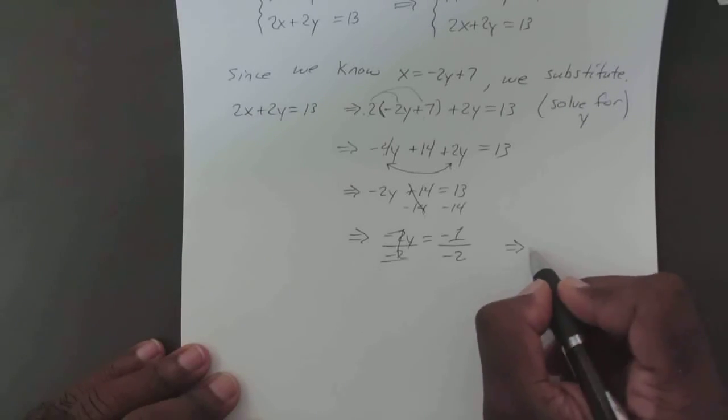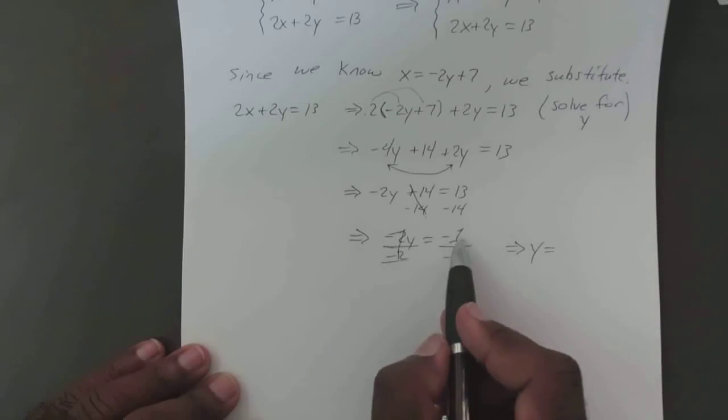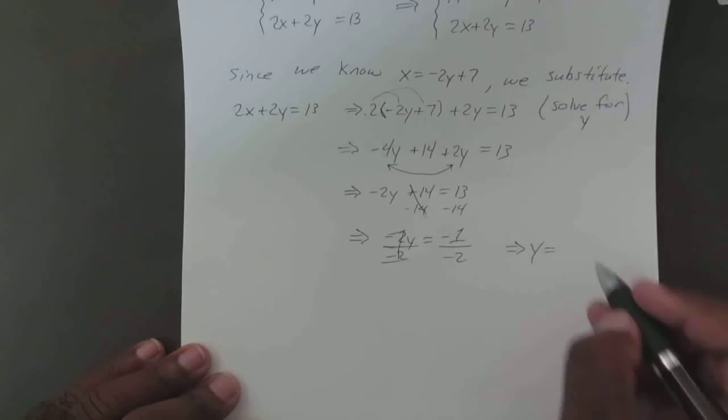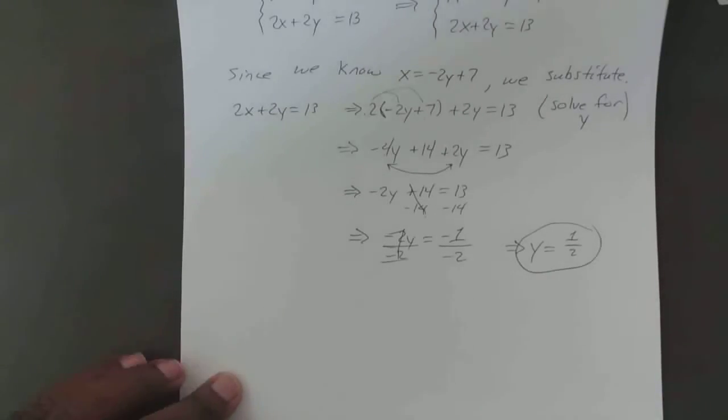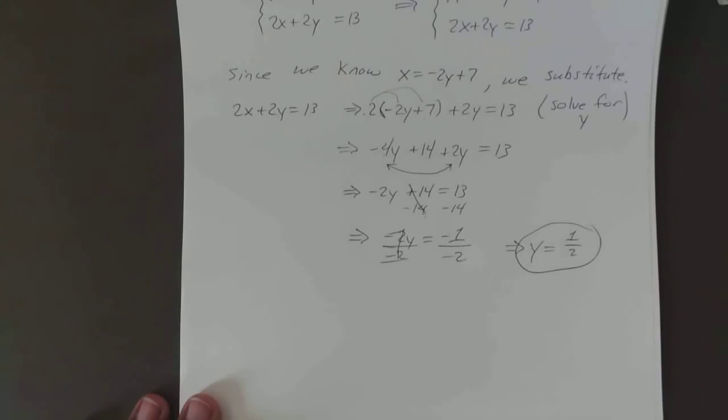So 1 times y is just y, equals negative divided by negative is positive, so that becomes 1/2. Okay, so now we have our y. So once we solve for one of the variables, we just plug it into either equation and solve for the other one.